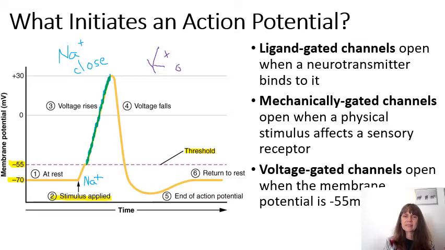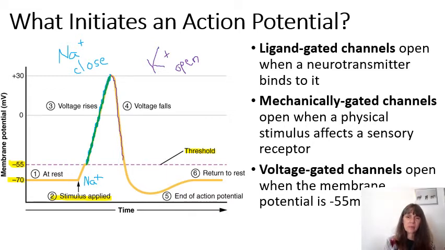And when potassium voltage-gated channels open up, potassium will move out of the cell, taking its positive self with it, repolarizing the membrane, because as positive potassium exits, the membrane becomes more negative internally.